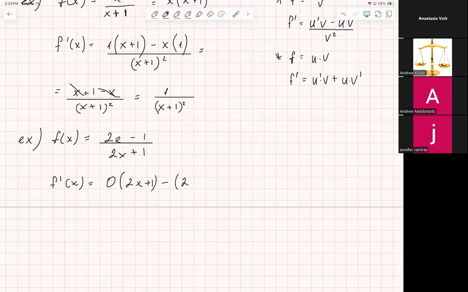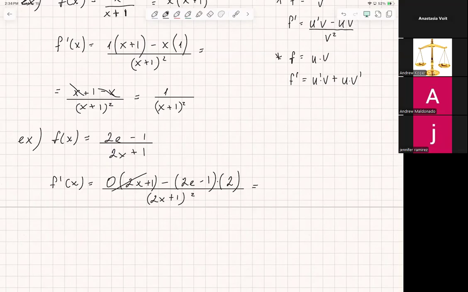So we have 2e minus 1 times the derivative of the denominator. We have here 2x, that becomes just 2, and then 1 is gone, right? So we have times 2, divided by the square of the denominator. So we have 2x plus 1 squared. Now let's just simplify this expression.